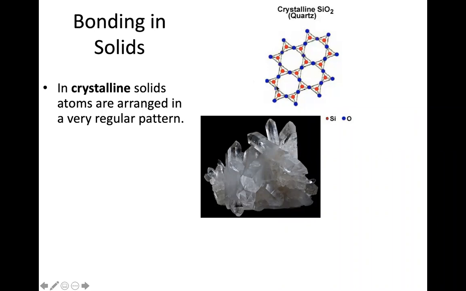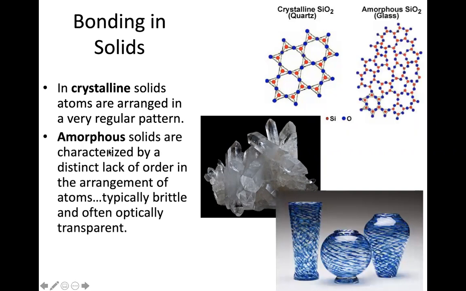I want to contrast that with something that is amorphous. If it's amorphous, I still have local bonds there. I still have bonds between the atoms, but I don't have this long range arrangement where it's repeating again and again. It's amorphous. It lacks that shape. It lacks that degree of order.